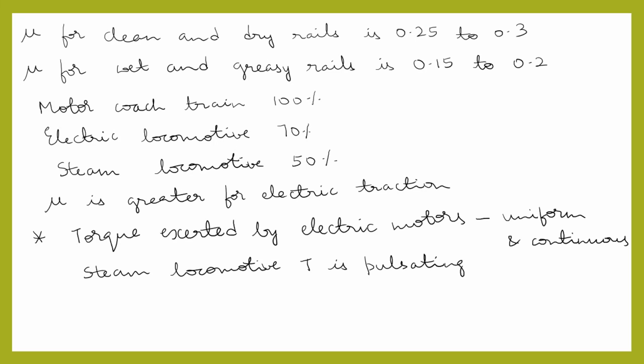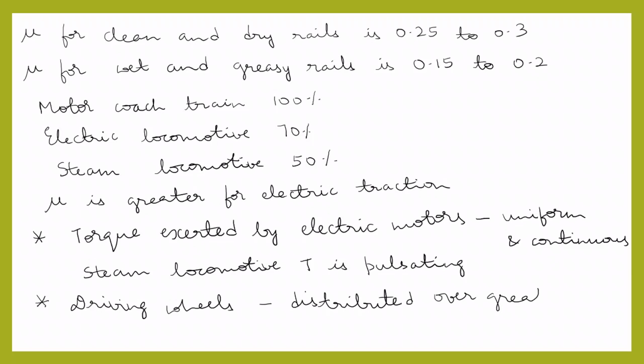This results in jolting and skidding. The driving wheels in electric traction are distributed over a greater length compared to steam traction where they are close to each other. Hence, the tractive effort in electric traction is much greater.